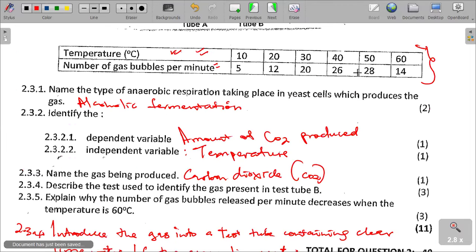As you can see from the graph, it went up from 10 up to 50, but at 60 the number of bubbles decreases. Hence, it means that the anaerobic respiration enzymes are destroyed.